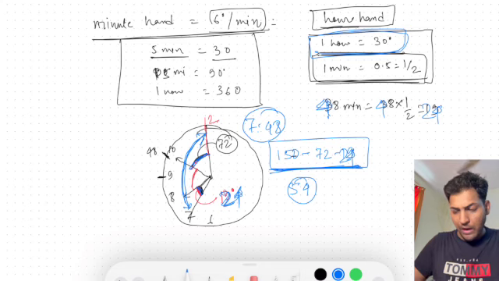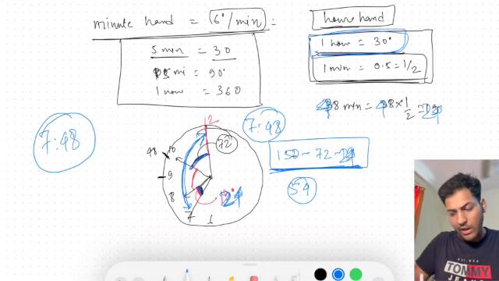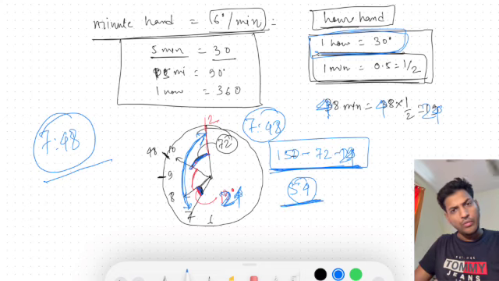That means at 7:48 the angle between the minute hand and hour hand is 54 degrees. Is it okay to all of you?